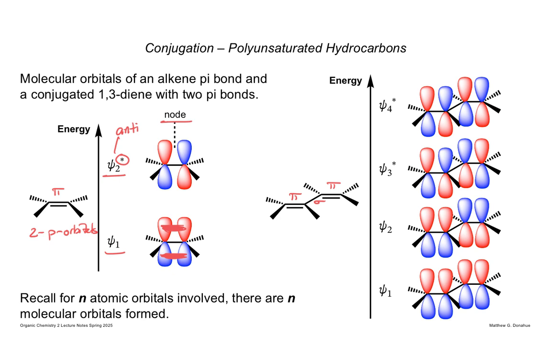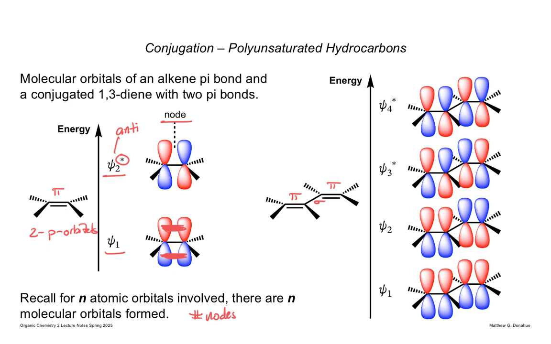So overall, for n atomic orbitals, there are n molecular orbitals involved. And the number of nodes per molecular orbital is always whatever molecular orbital you're looking at minus 1.